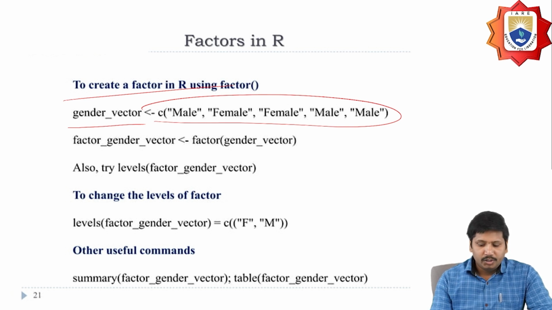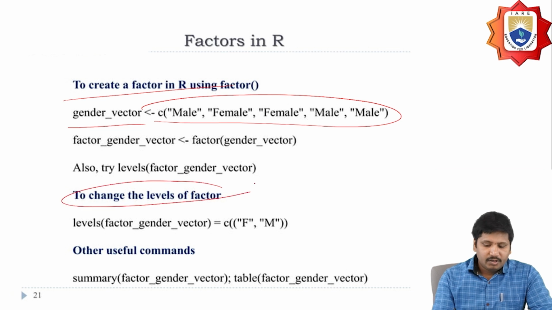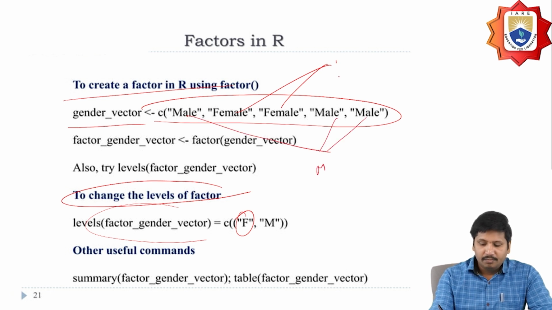Then in order to change the levels of the factor, I write levels of factor of gender. So female is going to be presented as F, and male is going to be presented as M. Whatever words are repeating are going to be eliminated by applying these levels.